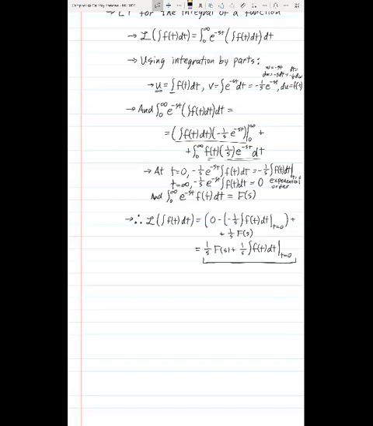And what's really nice about the Laplace transform is that if we were dealing with the integral in the time domain with a differential equation, namely what's called an integro-differential equation, hopefully I said that right, boy, that would just really throw our minds for a loop.